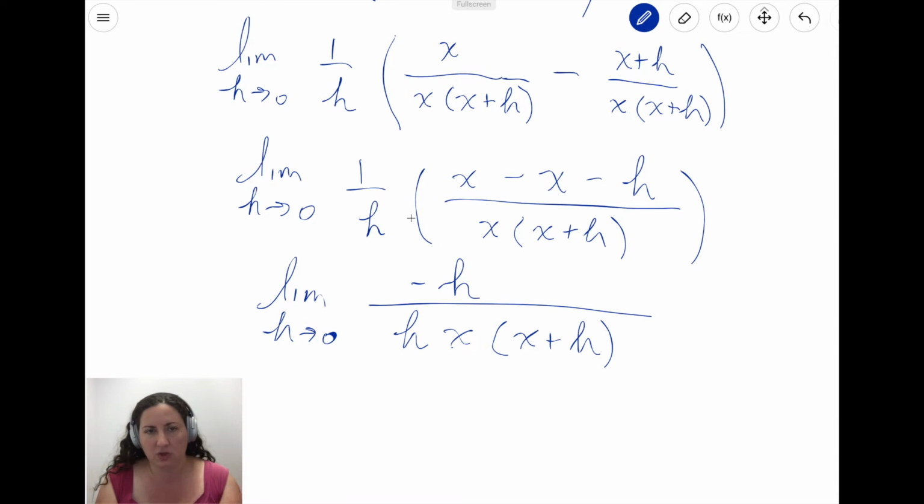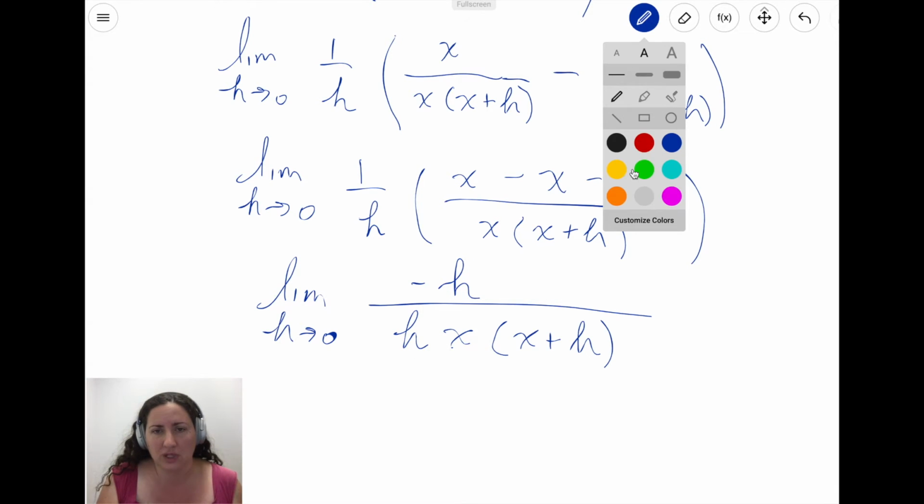So we have 1 over h times this fraction. The 1 can multiply on the top, that won't change anything, and the h can just multiply with what's on the bottom. So we're just left with a single fraction that looks like this, and you can see there's a common factor in the numerator and denominator of h, and we can cancel that out.